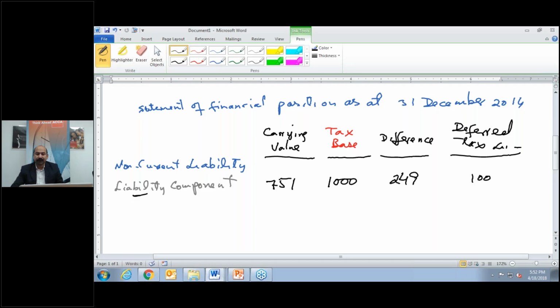So this is your deferred tax liability. Then this will not affect your profit computation. Why? Because this instrument was issued on the last day of year 2014.